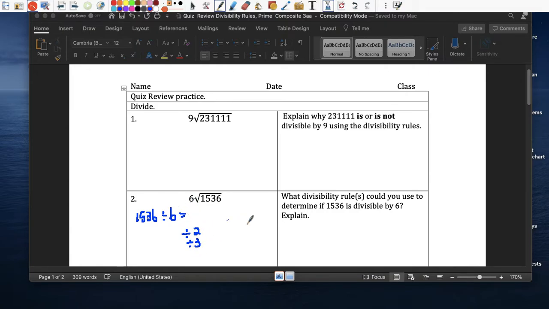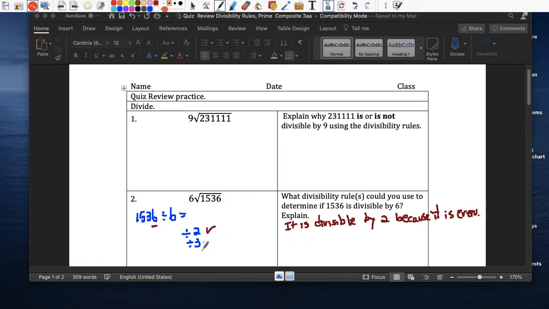First of all, is it divisible by 2? The last digit is an even number, so it is divisible by 2. You can start writing: it is divisible by 2 because it's even.